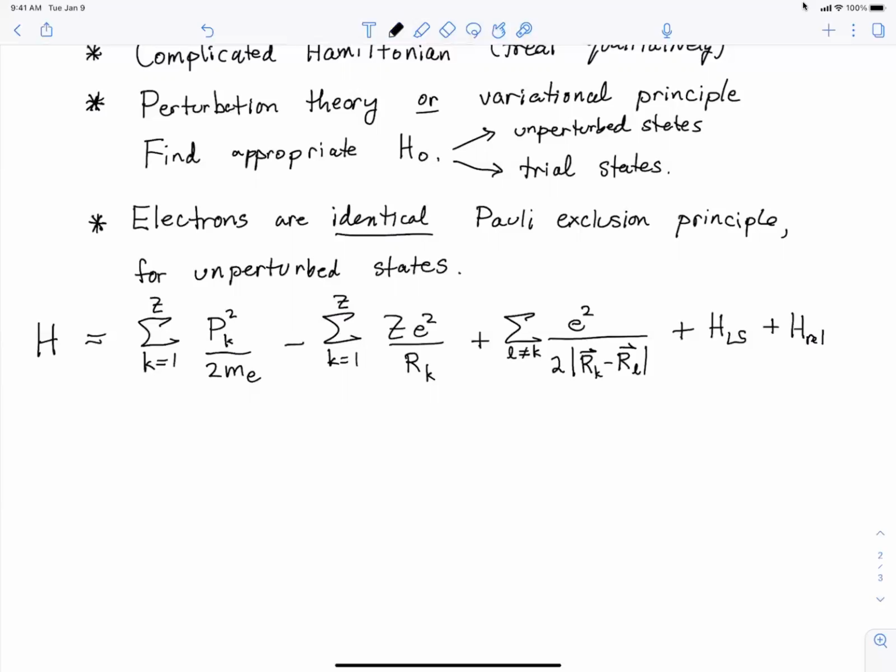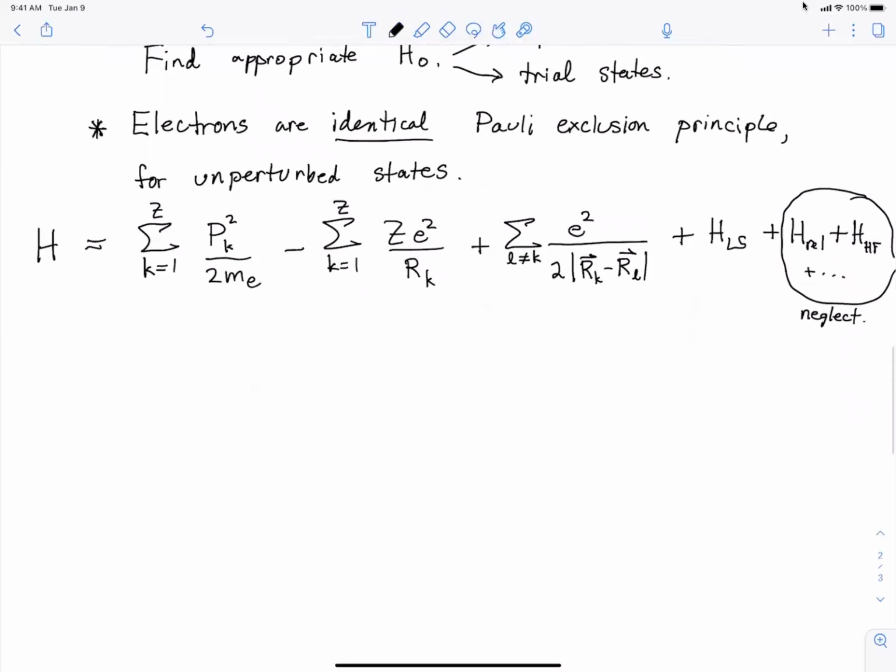There's the Darwin term. There's the hyperfine, which tends to be smaller, plus others. Okay, so all of this, we're just going to not talk about them, even though if you were doing this professionally, you would want to include them. Okay, and so that's our Hamiltonian, is everything that's not circled there.